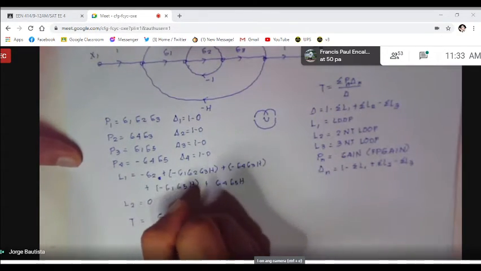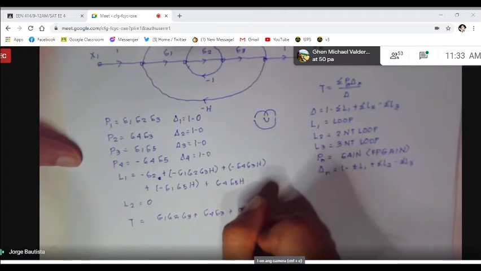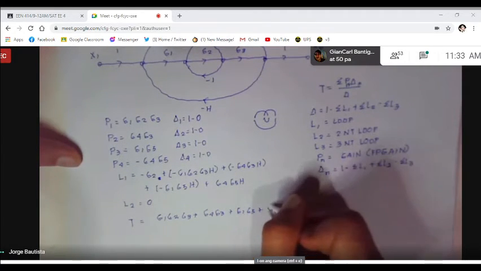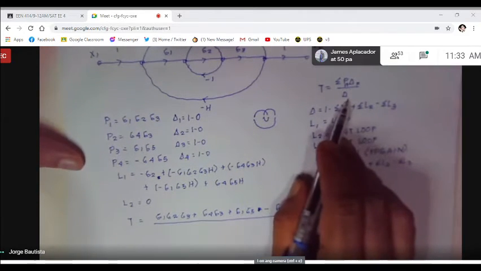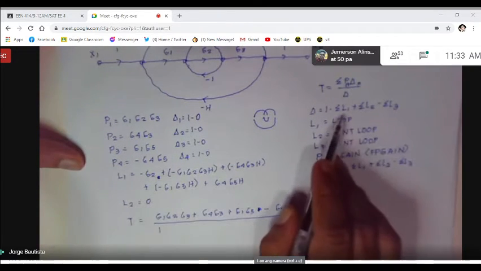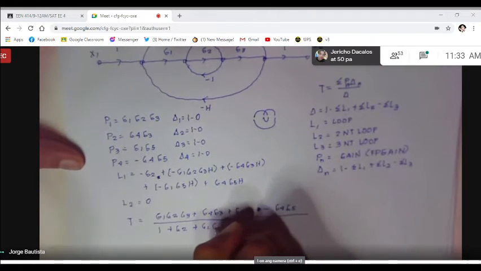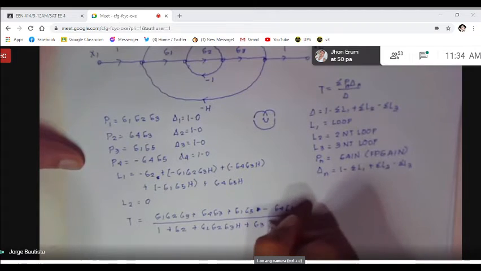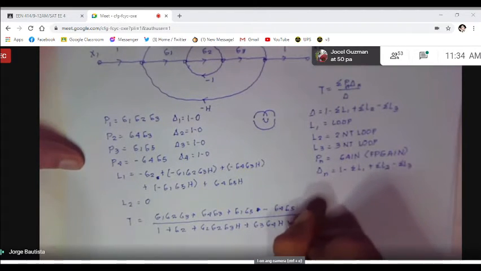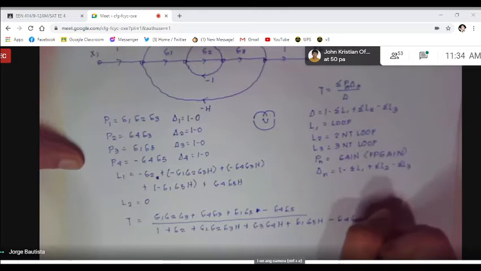So you have G1, G2, G3 plus G4, G3 plus G1, G5 minus G4, G5, all over delta, which is 1 minus the summation of L1, so plus G2 plus G1, G2, G3H plus G3, G4H plus G1, G5H minus G4, G5H.